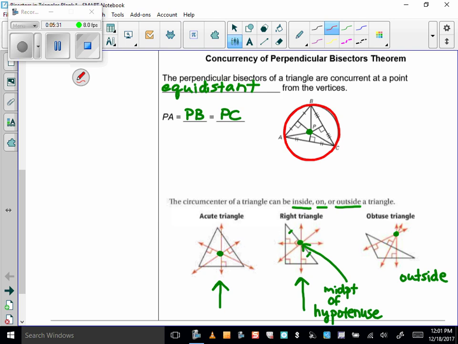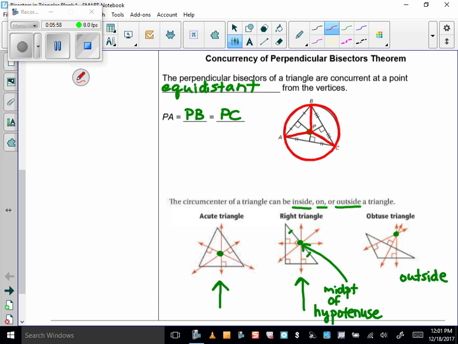What happens, guys, is when you find the circumcenter of a triangle, we know that it is equidistant from each vertex of that triangle. If I were to take my compass and make PA, PB, or PC the radius and then draw a circle, that triangle is going to fit perfectly within that circle with each of its vertices intersecting the circle.